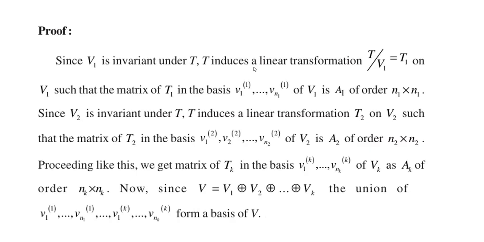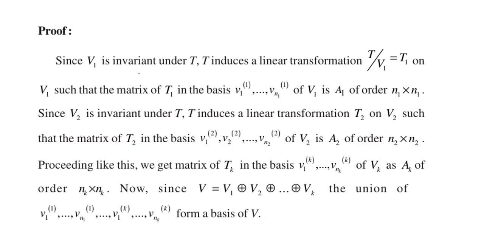Since V1 is invariant under T, it induces a linear transformation T restricted to V1, that is T1 on V1, such that the matrix of T1 in this basis of V1 is A1, and that is of order N1 cross N1. And since V2 is invariant under T, it induces a linear transformation T2 on V2, such that the matrix of T2 in the basis of V2 is A2 of order N2 cross N2.